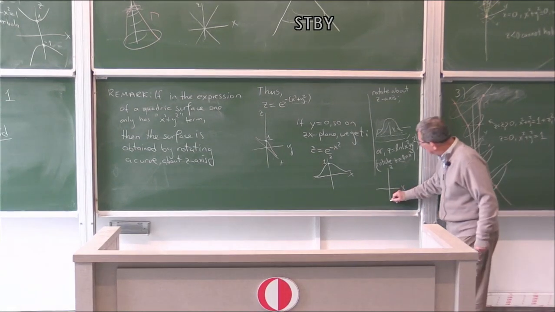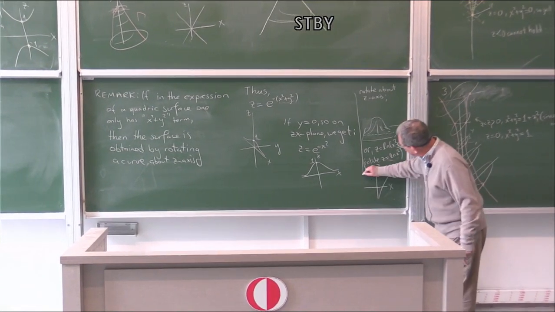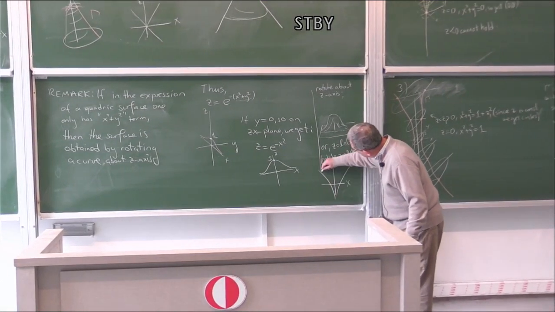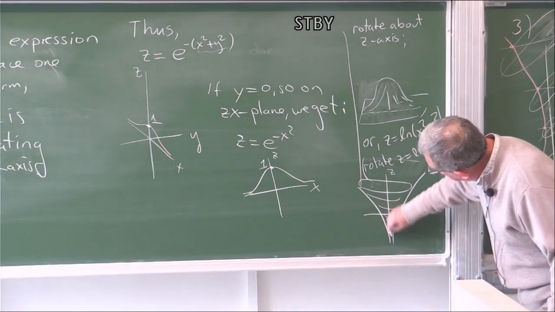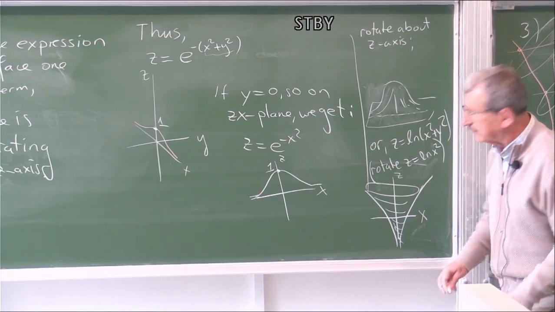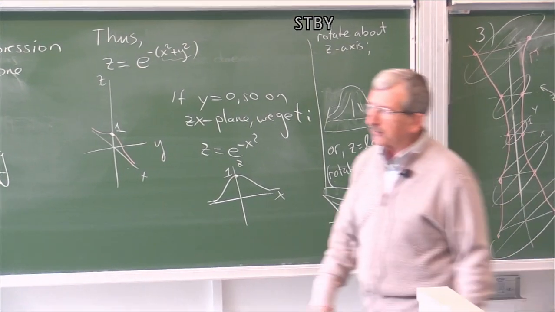So you get this. If x is negative, you have symmetry. You rotate that, and you get such a figure, where one side is the logarithm function.